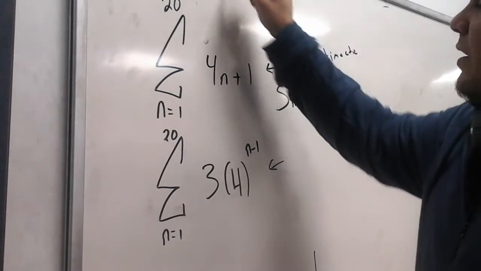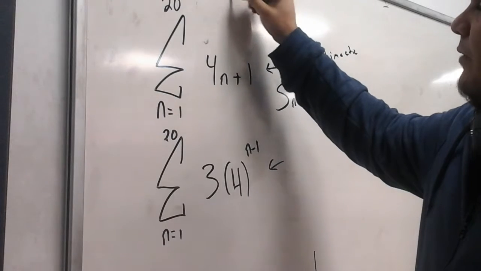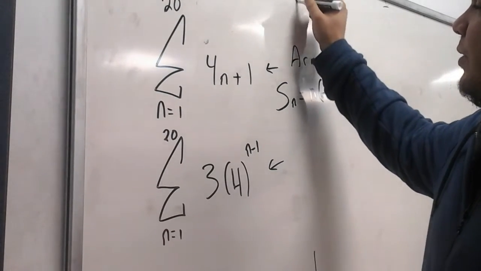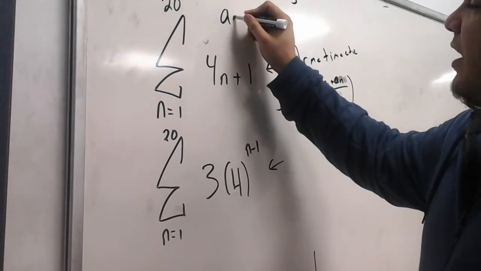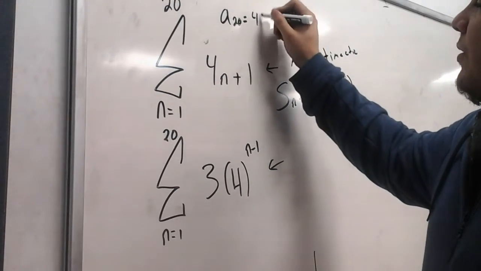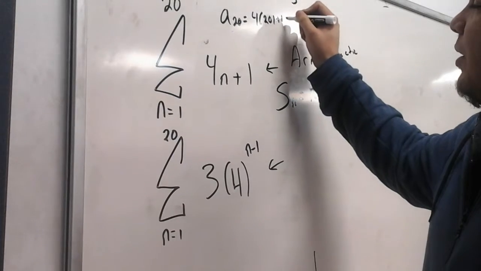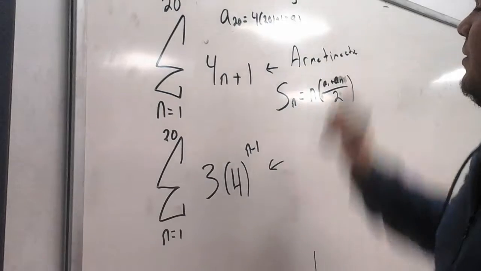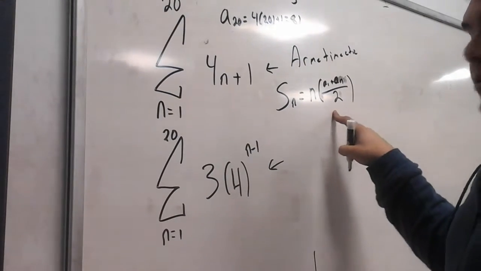You just plug in 1, so a of 1 equals 4 times 1 plus 1 equals 5. You just plug in a of 20, 4 times 20 plus 1, which is 80 plus 1, 81.